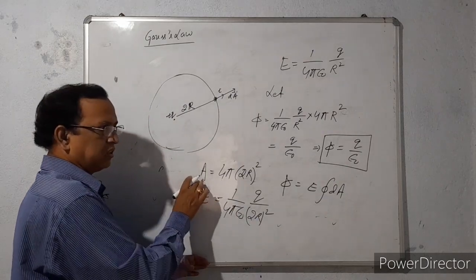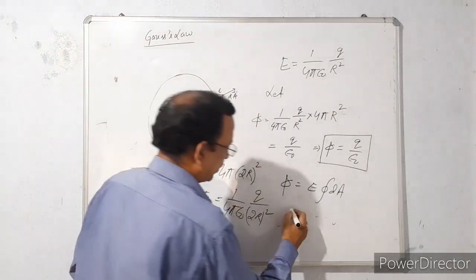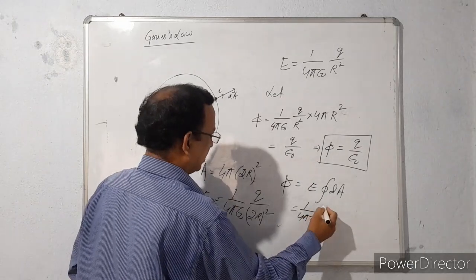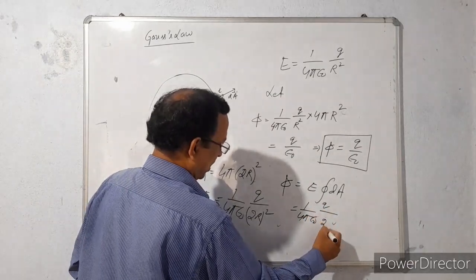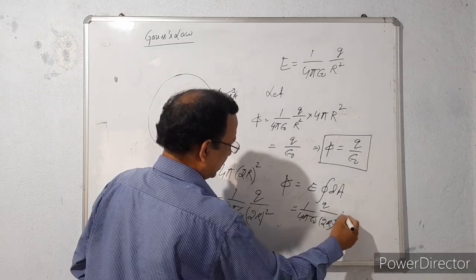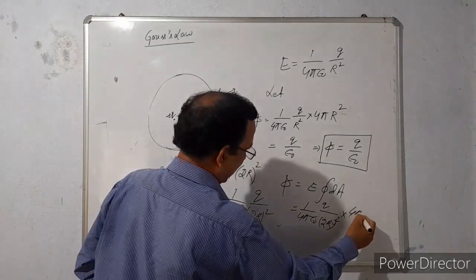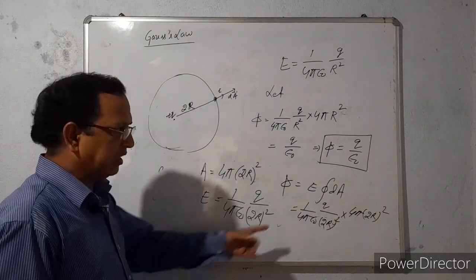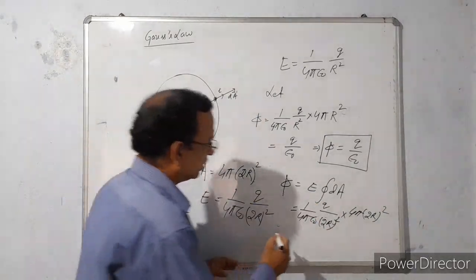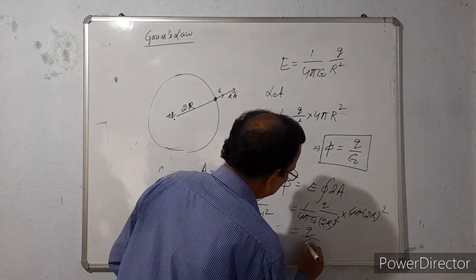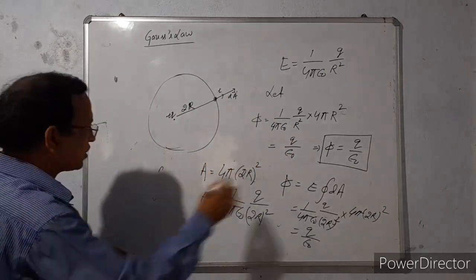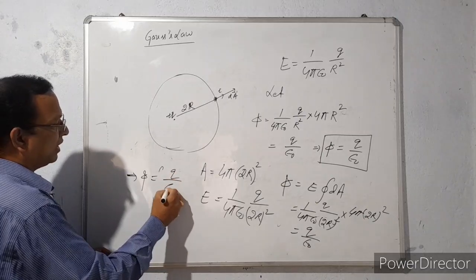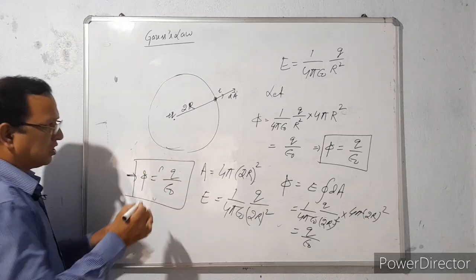Integration of dA means A. So that is equal to 1 by 4 pi epsilon naught q by (2r) square into 4 pi (2r) square. Clear? That is also q by epsilon naught. So in this case also phi is equal to q by epsilon naught. This is Gauss law.